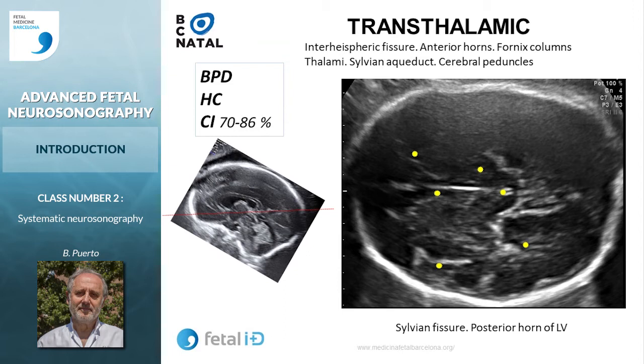In this section we will identify the interhemispheric fissure, the anterior horns of the lateral ventricles, fornix columns, thalamus, and the Sylvian aqueduct, this small structure found in front of the brainstem.